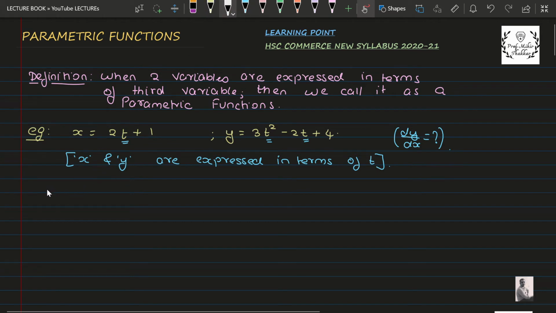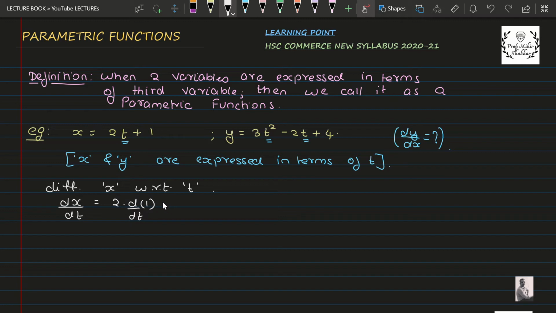So let us start. We have to differentiate x with respect to t. So what is the derivative of x with respect to t? dx by dt is 2 into the derivative of t, plus the derivative of 1. 2 is the coefficient, so we will leave it as it is.